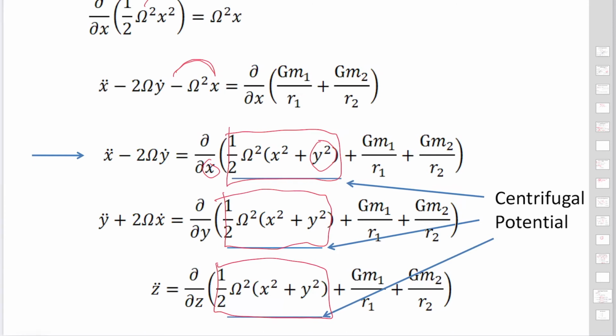Even if we add any y squared terms, it does not affect the equations, because the partial derivative of 1 over 2 omega square y square with respect to x is equal to 0. So we introduce a centrifugal potential as a single form to simplify the equations.